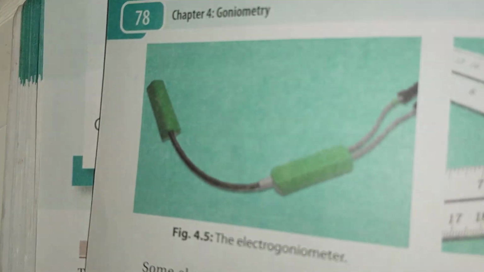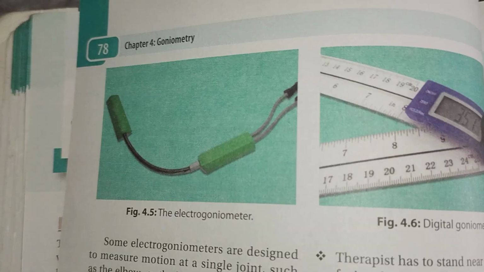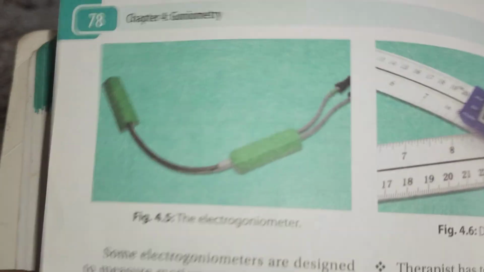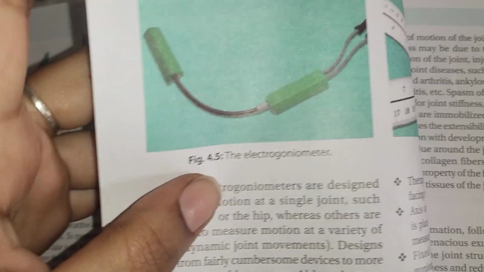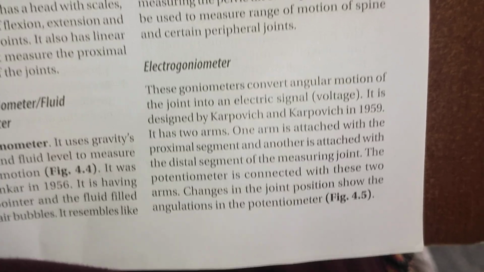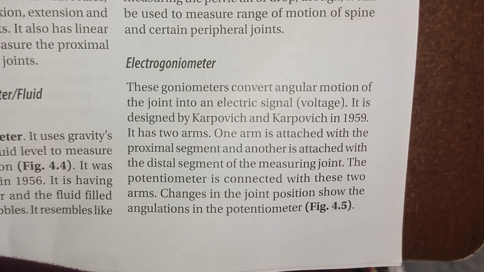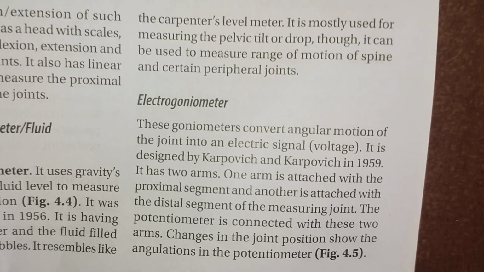This is the electrogoniometer. It is connected to the potentiometer. One arm is attached with the proximal segment and another with the distal segment. Changes in the joint position show the angulations in the potentiometer.